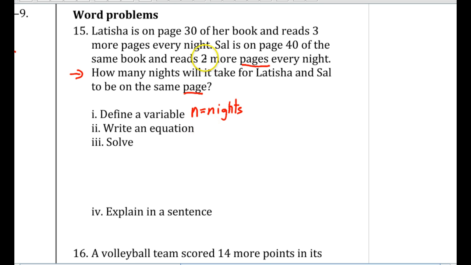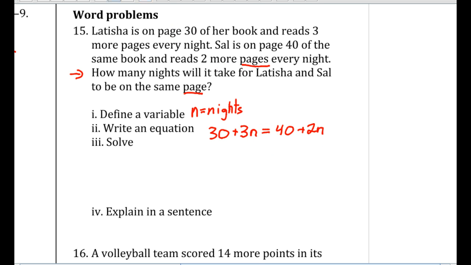Okay, write an equation. Letitia is starting at 30 and reads 3 more pages every night. So there's our variable again, 3n pages every night. And that's going to equal, Sal's going to start on page 40, but he's going to only go up by 2 pages every night.